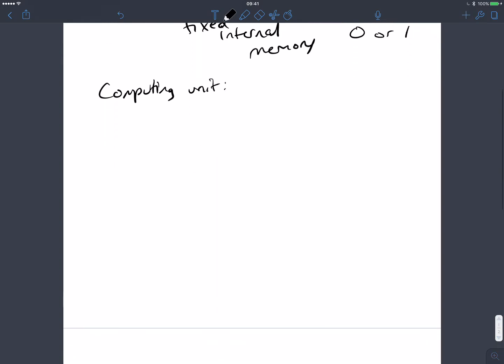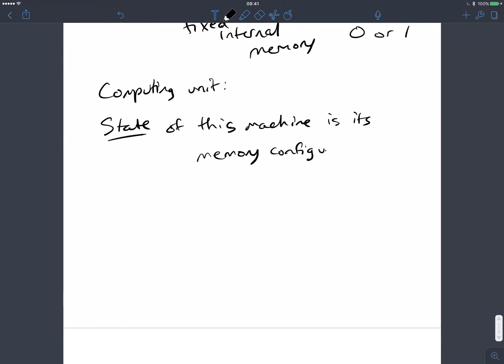So what we're going to do is call a state of this machine its memory configuration. Okay? So a state of the machine is the memory configuration. I have some memory configuration at one moment in time. I'm going to read some input, maybe a single character, maybe more.